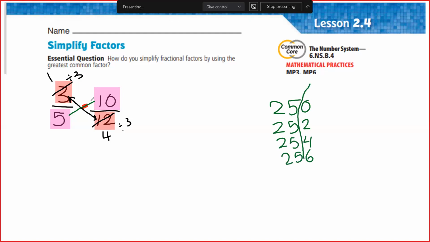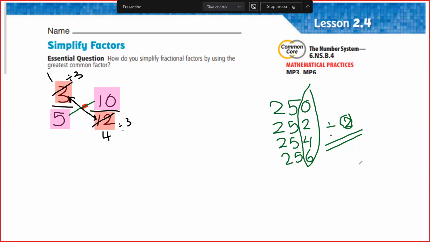If the first digit is even, that means it can be divided by 2. Remember this thing. If the last digit is 0 or 5, it means it can be divided by 5.